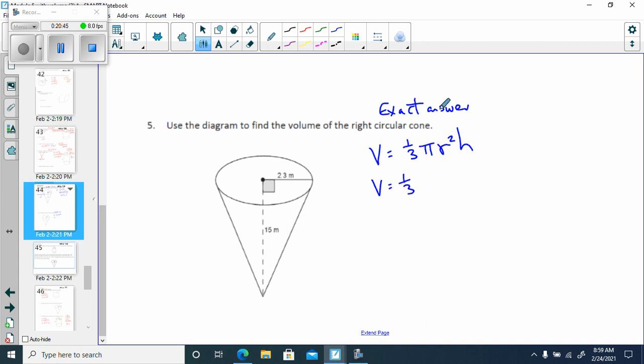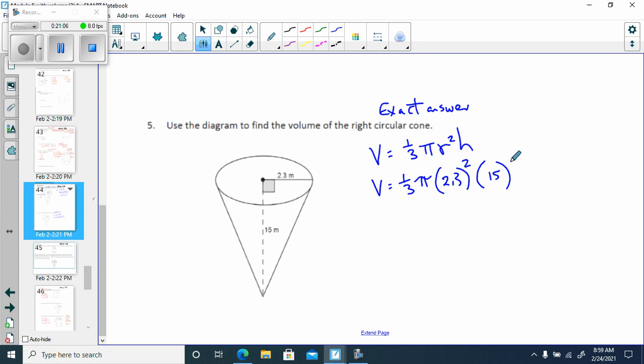Now, we're not wanting to put a number in for pi, so we leave it like it is. Our radius is 2.3, so we plug that in, substitute it. Our height from the center of our cone to the tip of it is 15. Okay, now we do the math and we leave pi out.